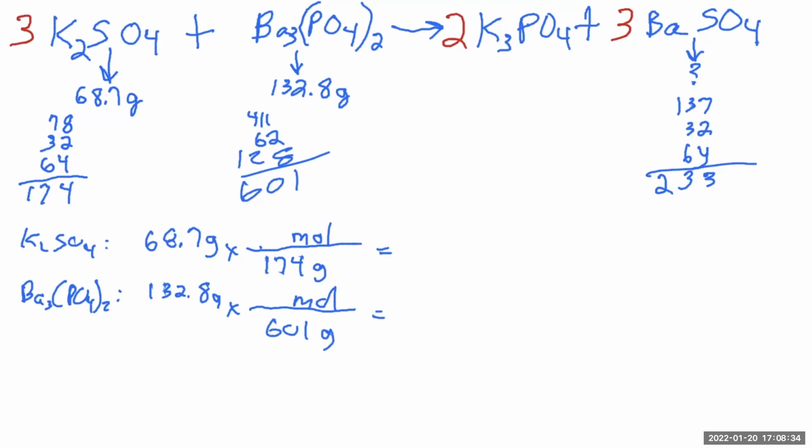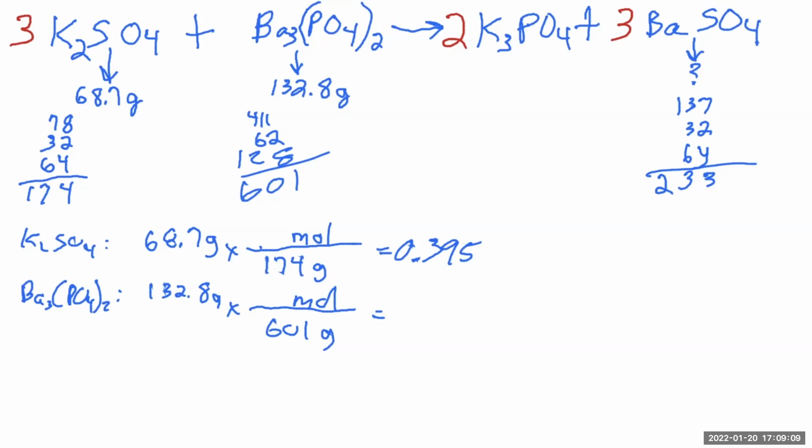So potassium sulfate, we have 68.7 divided by 174 equals 0.395. Rounding that off is 0.394827, so 0.395. And is that what you got? Yes.